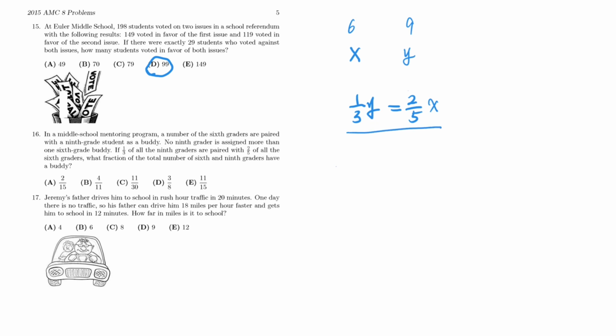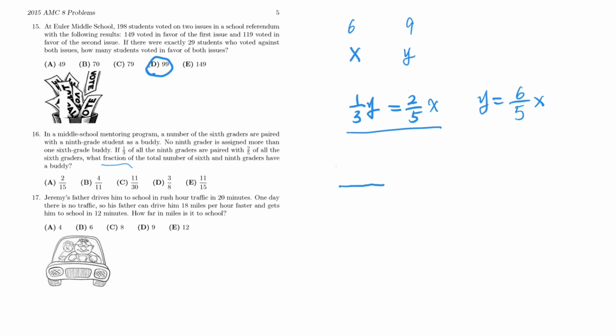That means 1/3 of Y, that's the number of 9th graders who have a buddy, equals 2/5 of X, that's the 6th students who have a buddy. So that means Y equals, cross multiplying, 6/5 X. Now, what is the fraction of the total number?